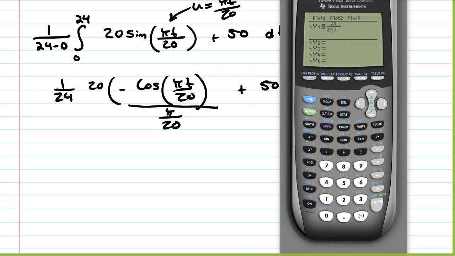And then parentheses, and I'm going to have another fraction, and I have negative cosine of pi times t, or x in this case, over 20, all over pi over 20.